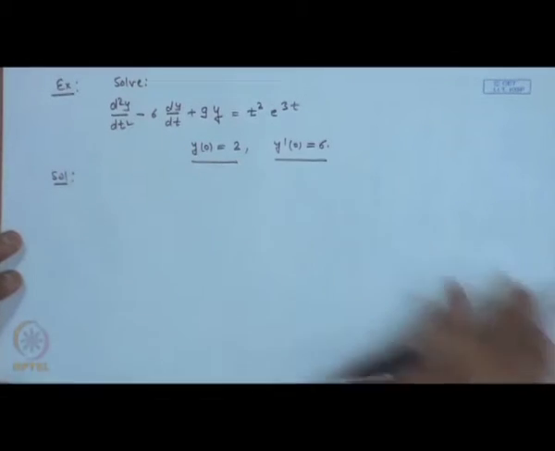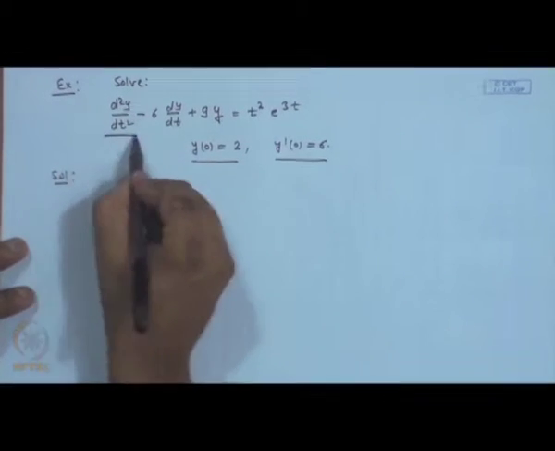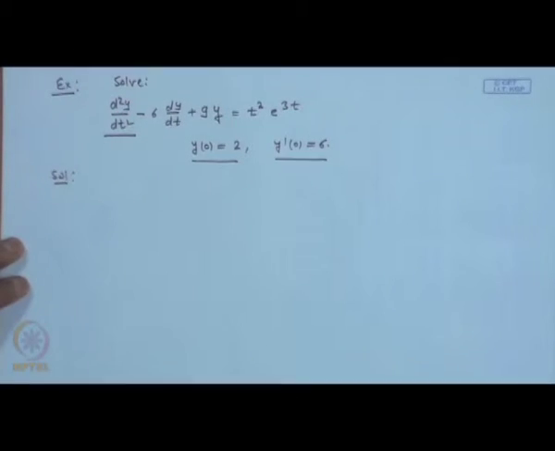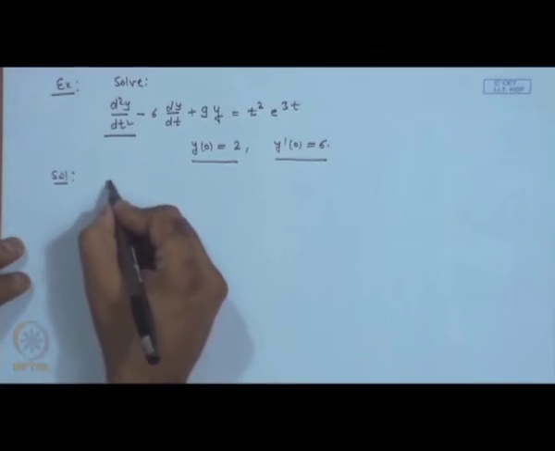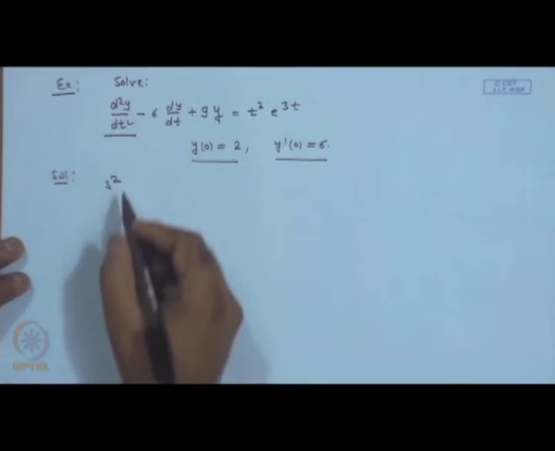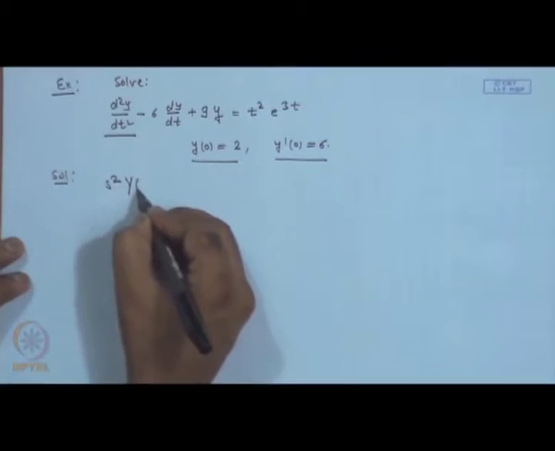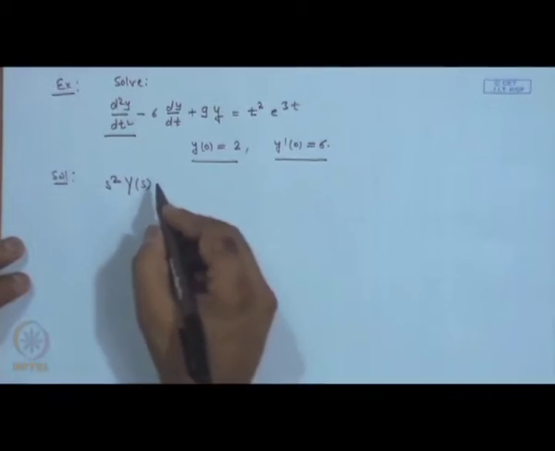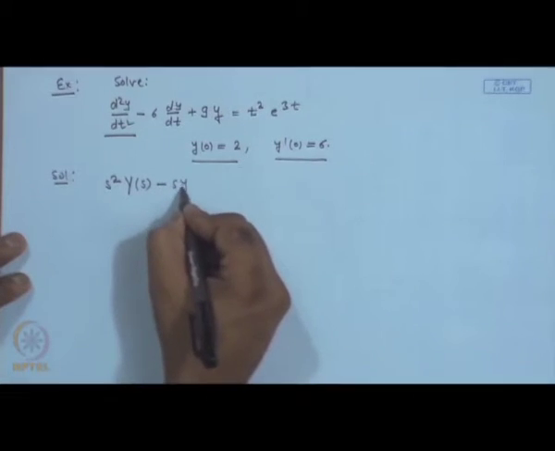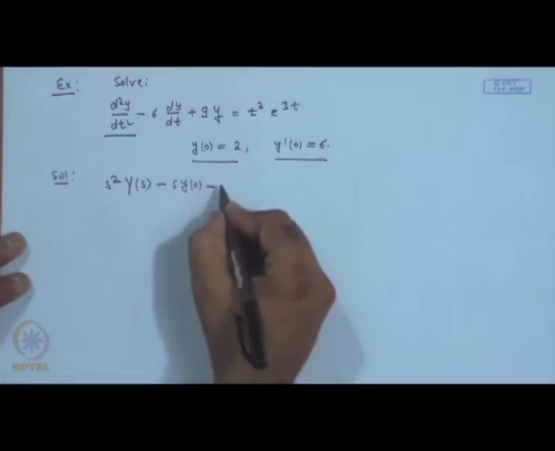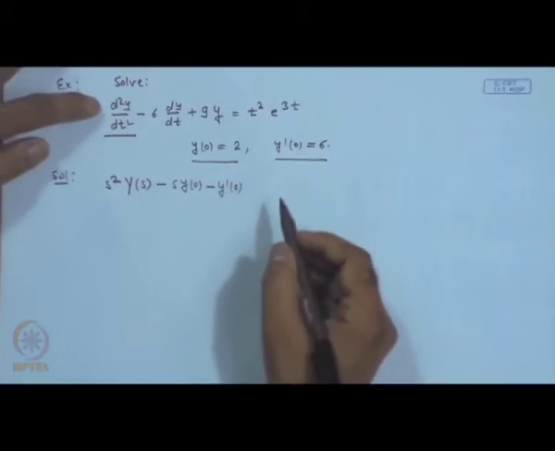So, our equation was much simplified after taking the Laplace transform. Here again we do the same steps. We take the Laplace transform of the first term d2y over dt square, and that is s square Y(s), where we denote the Laplace transform of y by big Y(s), minus s y(0) minus y prime (0).